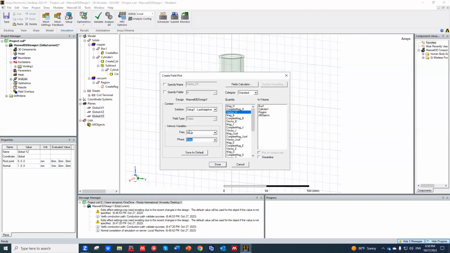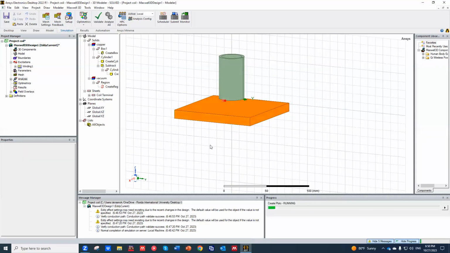Okay, by default we've got this 60 hertz. Of course, we can redo the simulation for higher frequencies. So I select this vector field and click done.